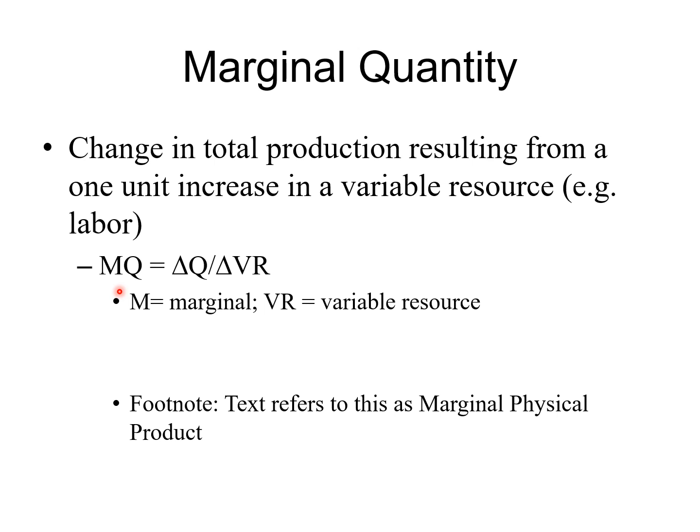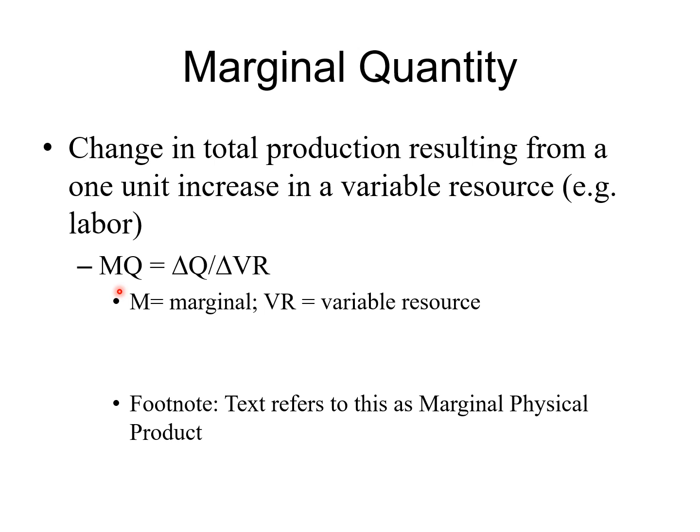In all of these PowerPoints and all of our classes, P is price, not sometimes price and sometimes product. No, P is price. Quantity, from the very beginning, refers to quantity produced.